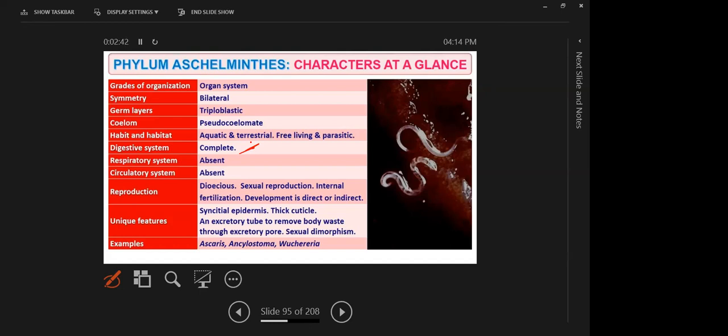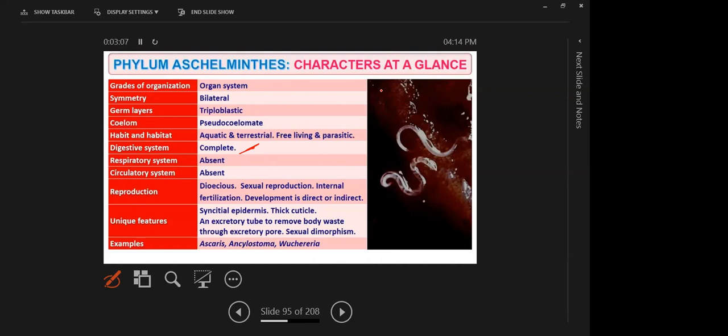Anybody? Purvi, what do you mean by complete for the digestive system? There are two openings, one for the mouth anteriorly, another the anus posteriorly. So then only you call it a complete digestive system. Did you understand, Akash? Yes, ma'am.